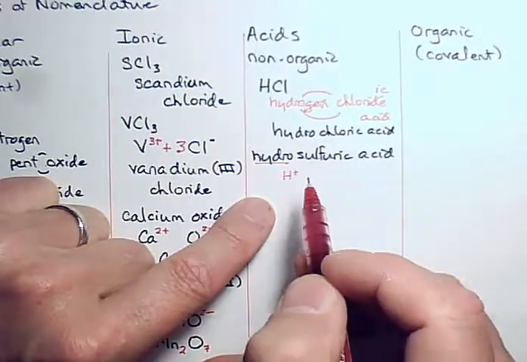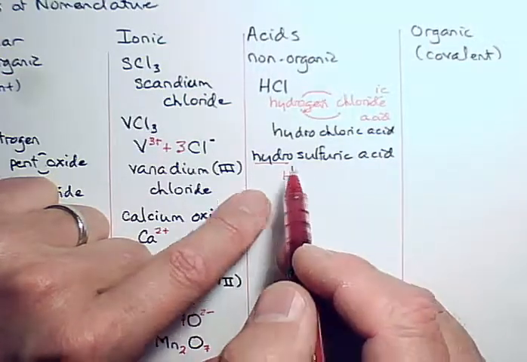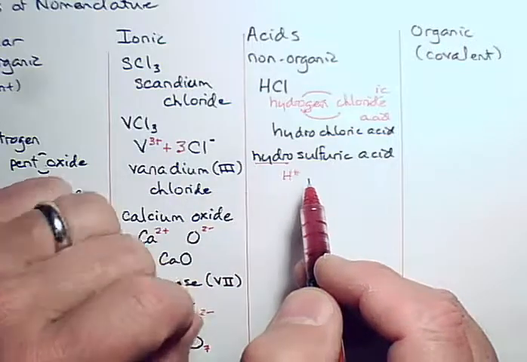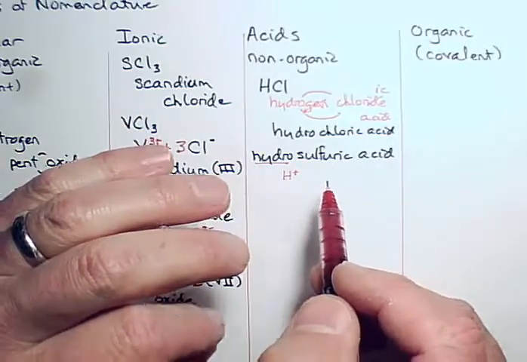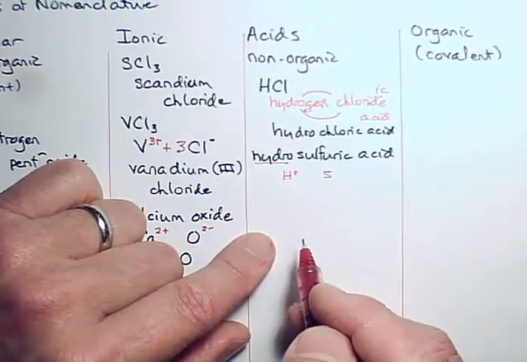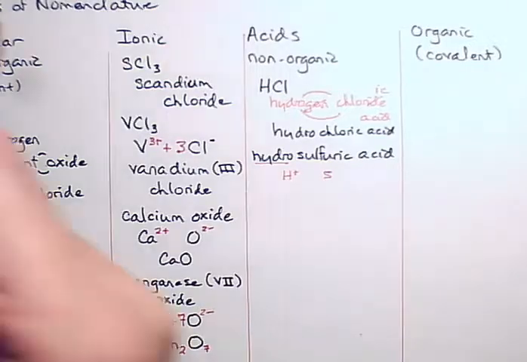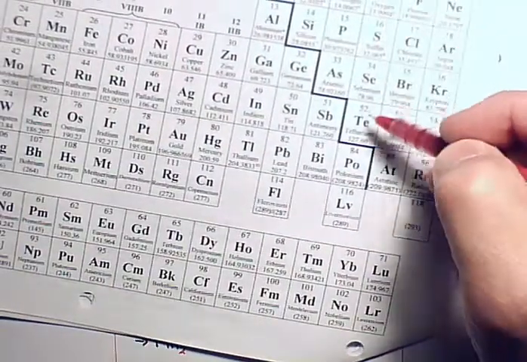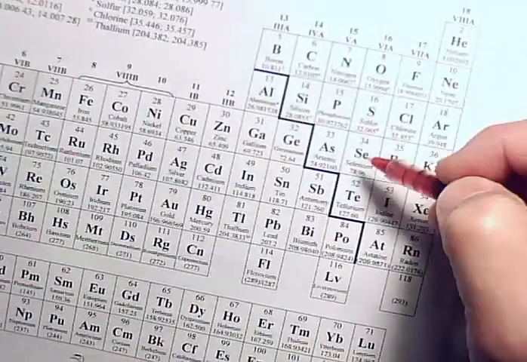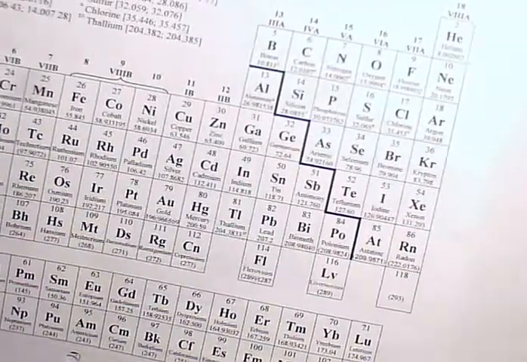Sulfuric, if it's binary, means it's only a sulfur ion, not a sulfate or a sulfide ion. The hydro tells us it's only two elements here. It's a binary acid. So we've got to have an S, and we've got to figure out the charge that goes on the sulfur. You look that up on the periodic table. You see that the elements in the column where sulfur is are 2 negative in a binary compound.